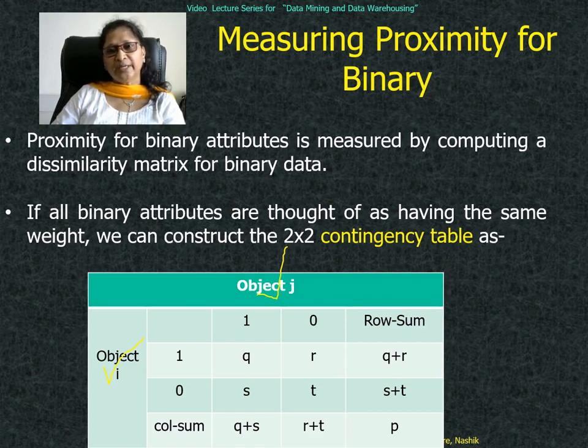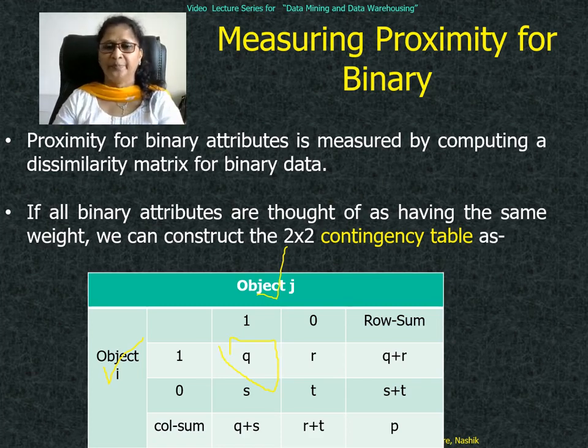While doing this, we count how many attributes have the values 1, 1 for both object I and J. That we note here, and we refer to it as Q. When both values are 0, 0, that is named T in this contingency table.